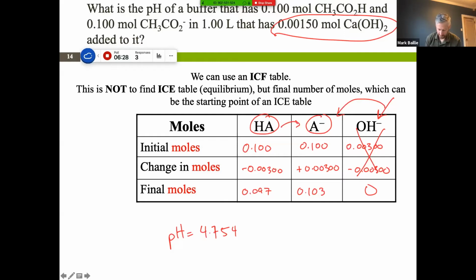Something about that, plus log of, now here's a small trick that you can use. We're going to put the moles of our base, 0.103, over the total volume of the solution, which was 301 milliliters, is that right?